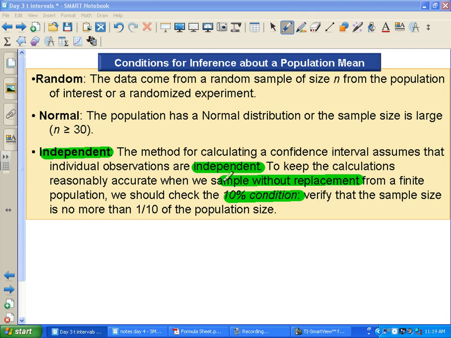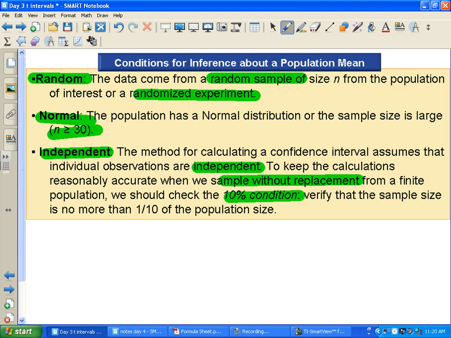Random sampling, we've talked about that quite a bit. You need to find it in the context of the problem to see if it has been randomized. Because we can't apply anything about that normal curve or that t-curve if it's not random. And we don't do non-random statistics in this class. The other thing is to check for normality.